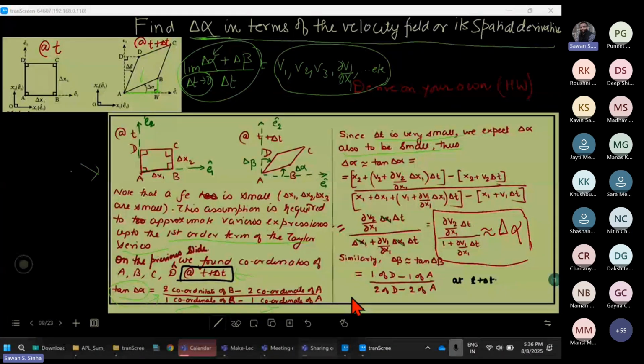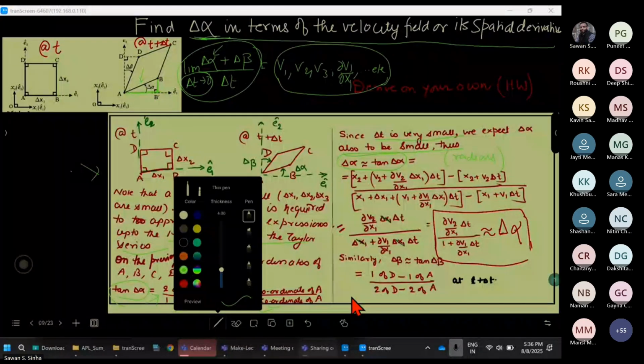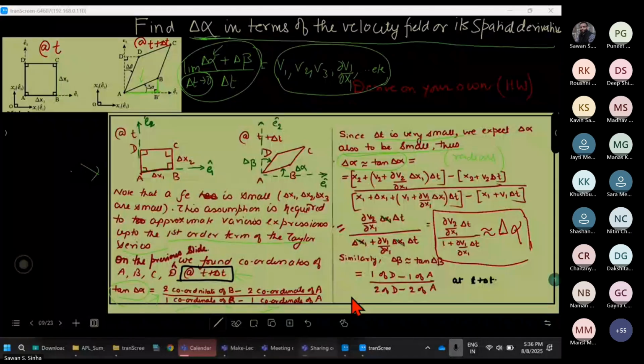So I am going to approximate delta alpha by tan delta alpha. For small angles, measured in radians, the tangent of the angle is almost the same as the angle itself. So delta alpha can now be estimated as tan delta alpha using this expression.